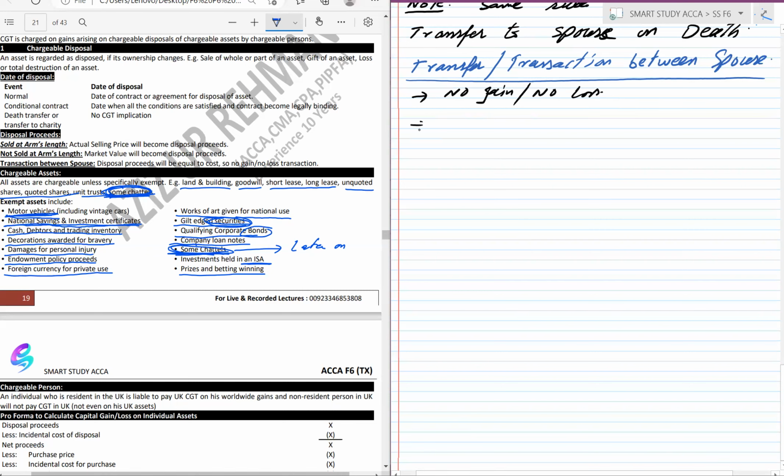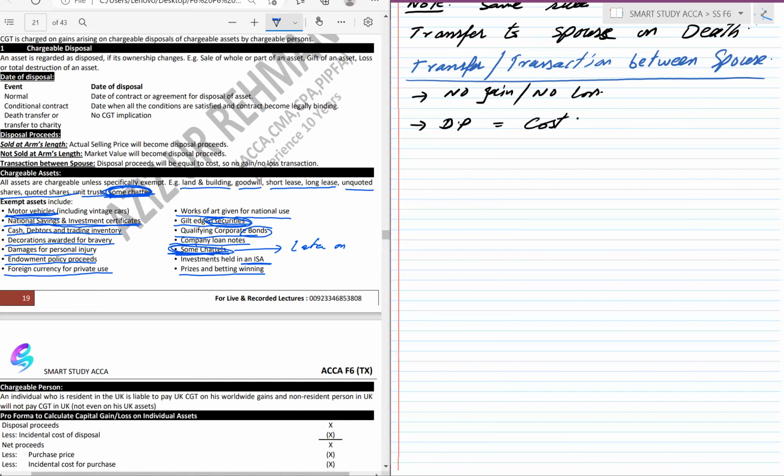So in these cases, disposal proceeds will be equal to cost. It will be assumed that the asset was sold to the spouse at cost. If I purchased an asset for £5,000, when I transfer this asset to my wife, it will be assumed that I have sold the asset to my wife at my cost, which is £5,000.